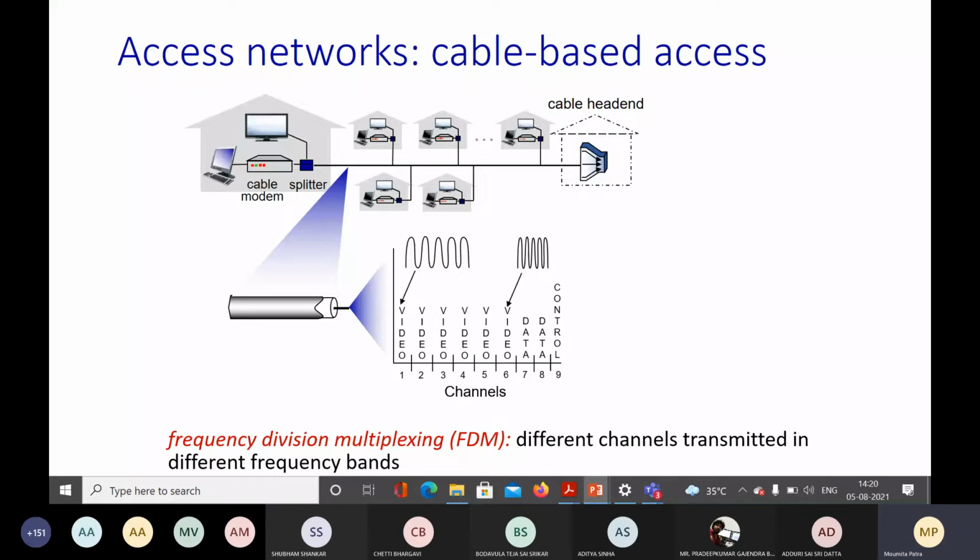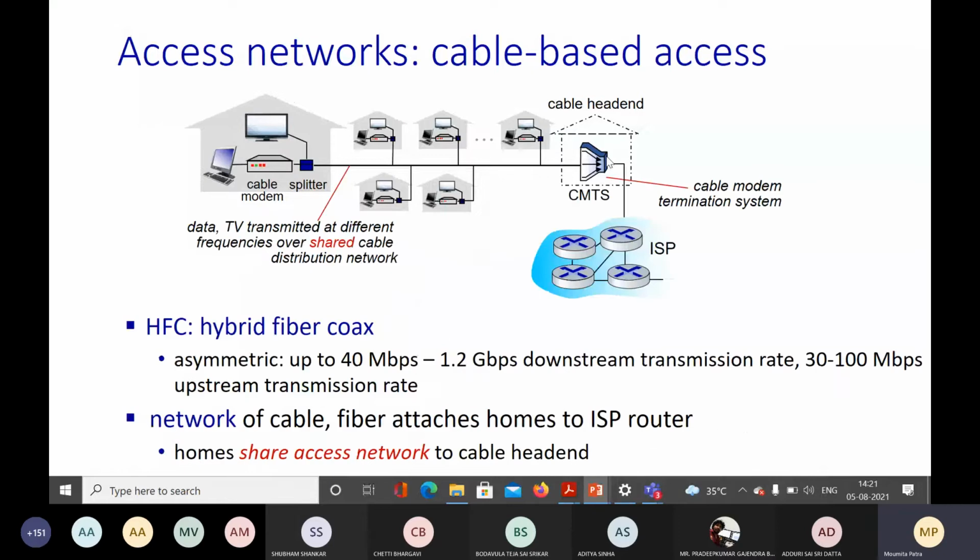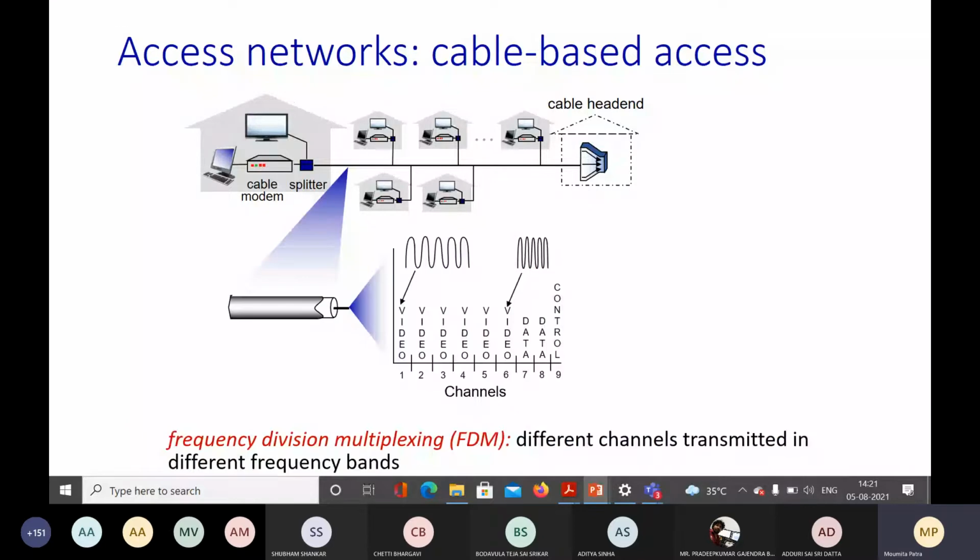Now, what is the difference between this and the previous DSL communication? In DSL communication, from one house, the data will directly go to the DSLAM or the central office. But here, this main cable line has many houses that will take the connection from there.